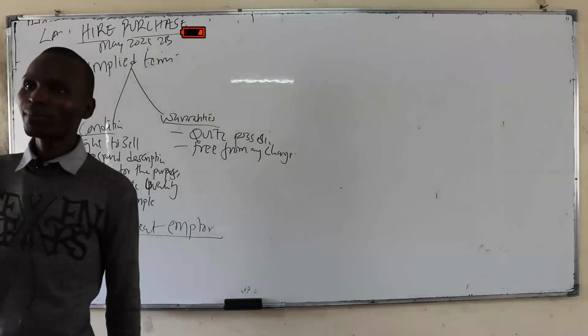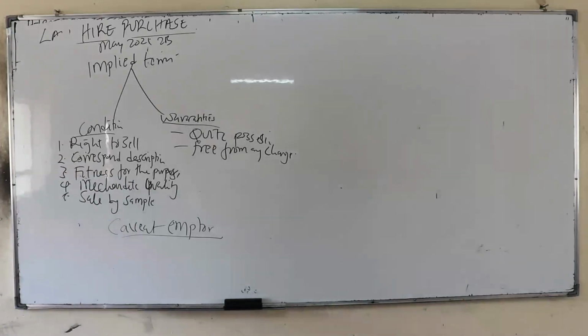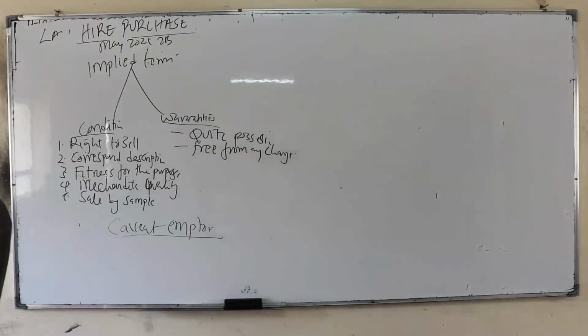So fitness for the purpose will not apply in such a case, okay? Number 3, where the goods are of a kind which the seller deals in or supplies in the ordinary course of business.